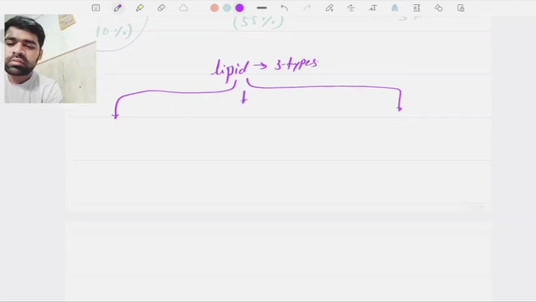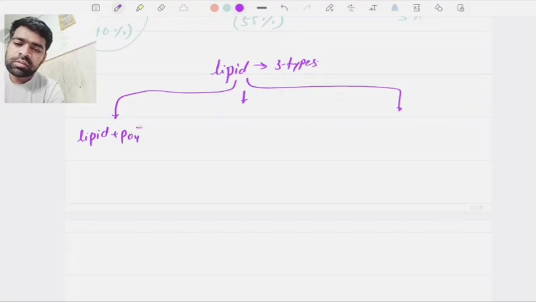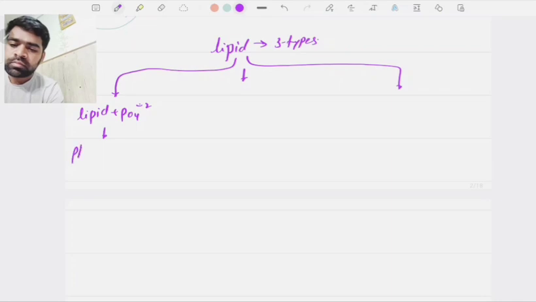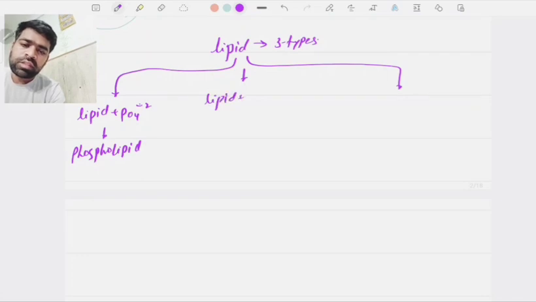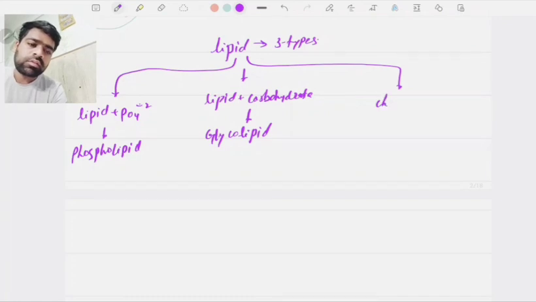Three types: lipid plus phosphate, phospholipid; lipid plus carbohydrate, glycolipid; and cholesterol.